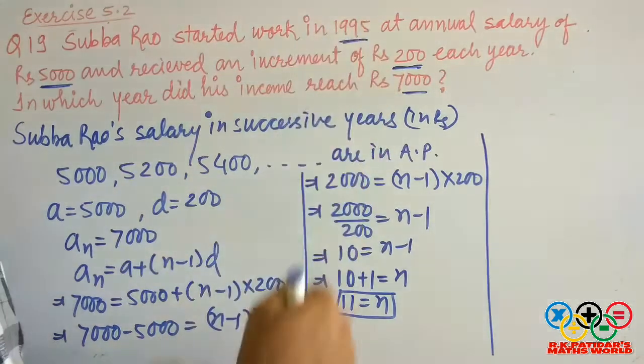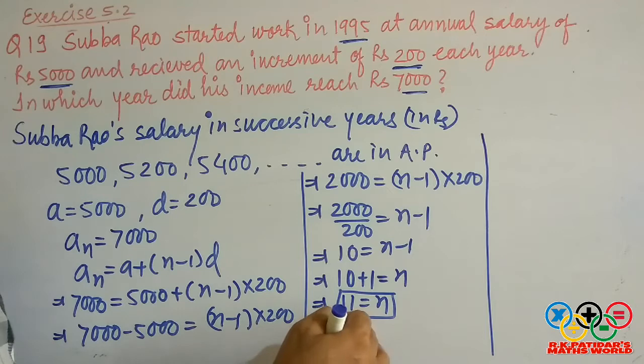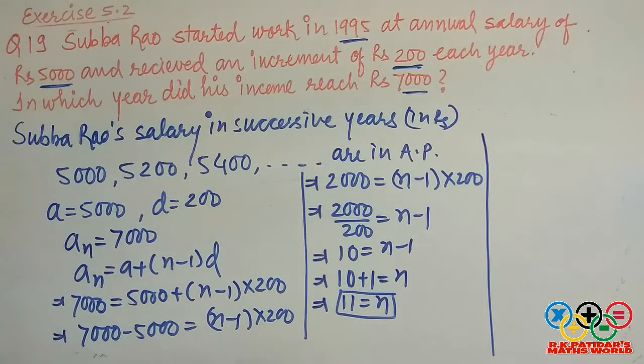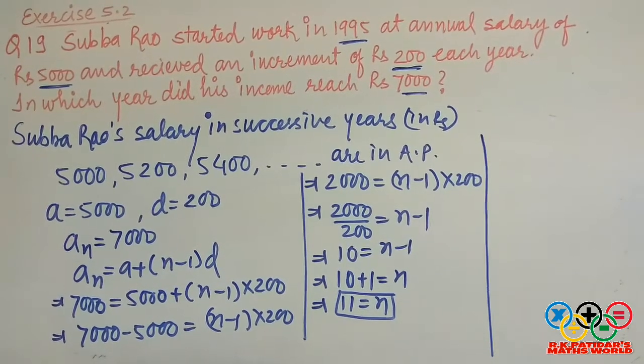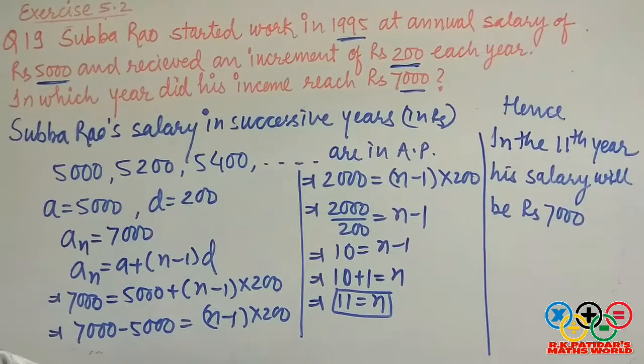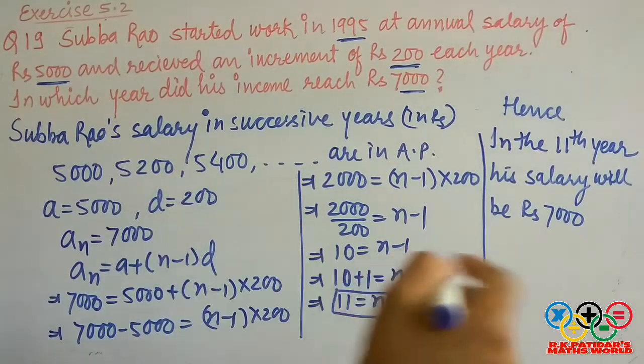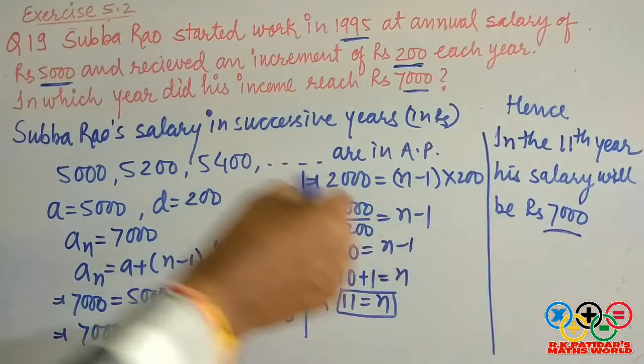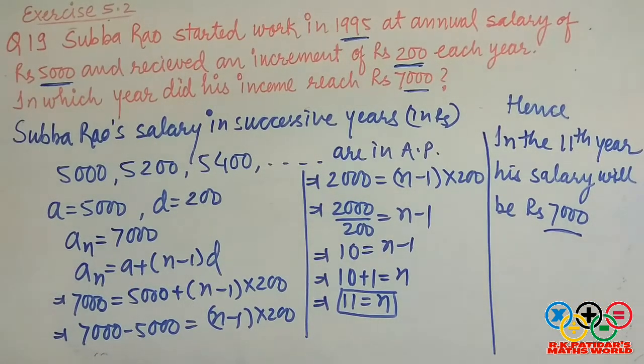After 10 years this will be the 11th. So after 10 years, to this 1995 we add 10 years. Hence in the 11th year his salary will be rupees 7,000.